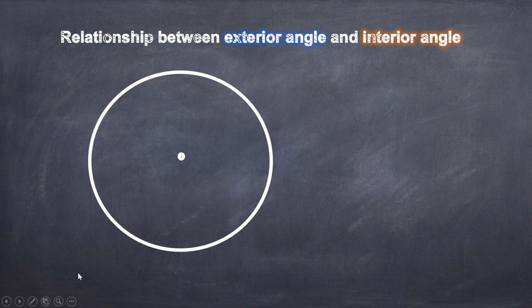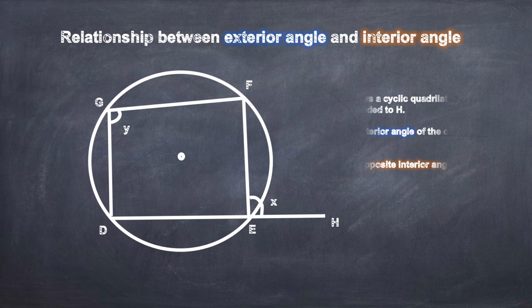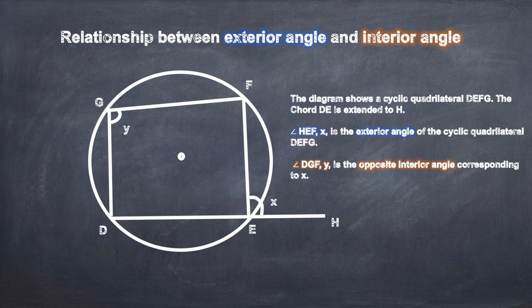So now we're going to learn about the relationship between exterior angle and interior angle. Okay, let's look at this figure. So the diagram shows a cyclic quadrilateral DEFG.